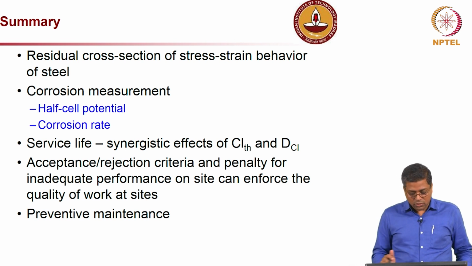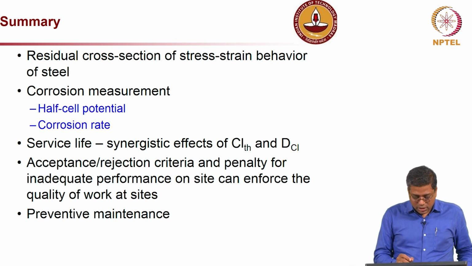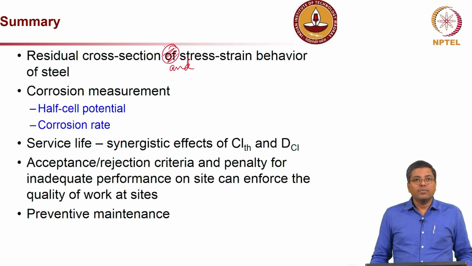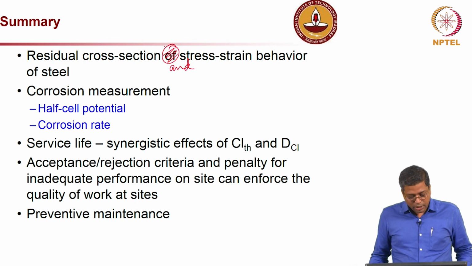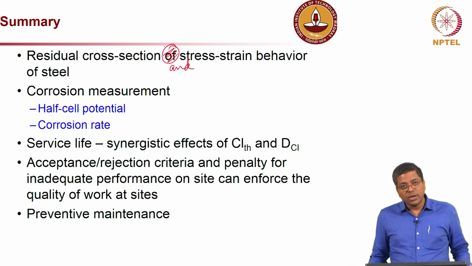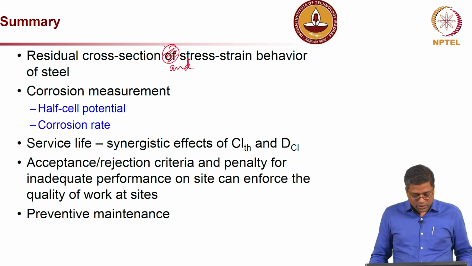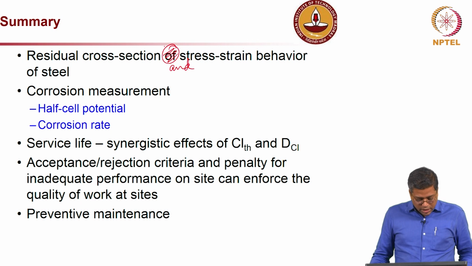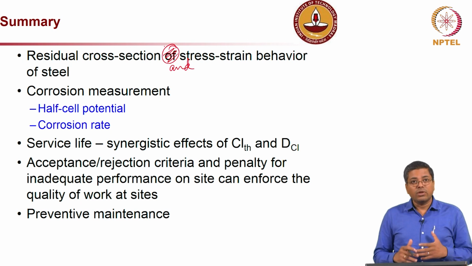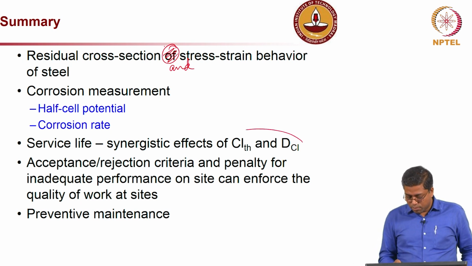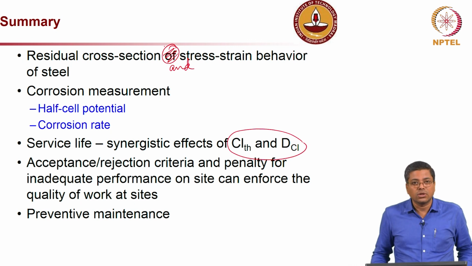and residual cross section and stress strain behavior of steel. And then we also looked at how to measure half cell potential and corrosion rate and how they can help in determining the probability of corrosion and also the remaining service life, respectively. And then, when you estimate service life, we must look at both chloride threshold and diffusion coefficient.